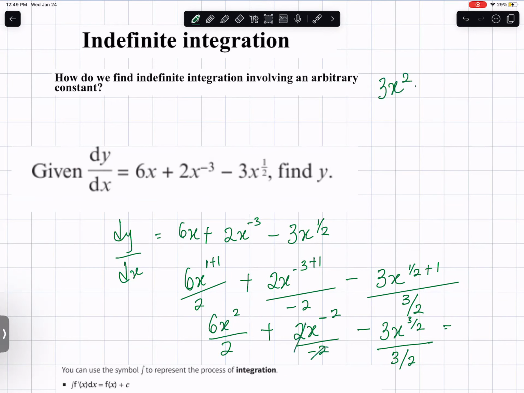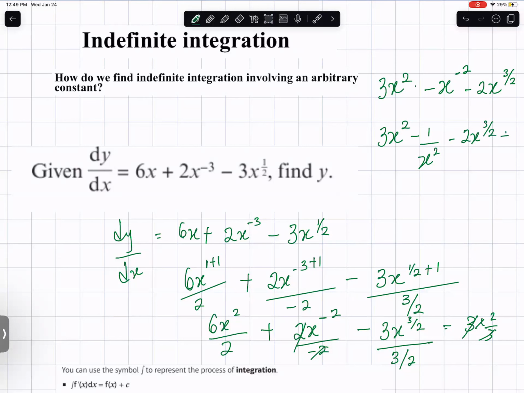Then this gives us minus x raised to the power of minus 2. Then 3 divided by 3 over 2 is 3 multiplied by 2 over 3, which gives us negative 2x^(3/2). So this can also be written as 3x squared minus 1 over x squared minus 2x^(3/2).